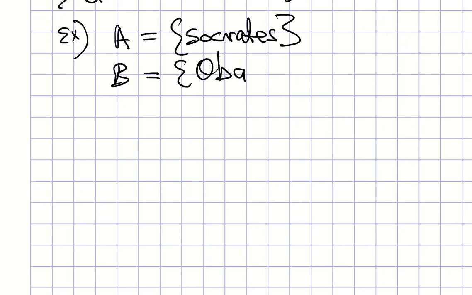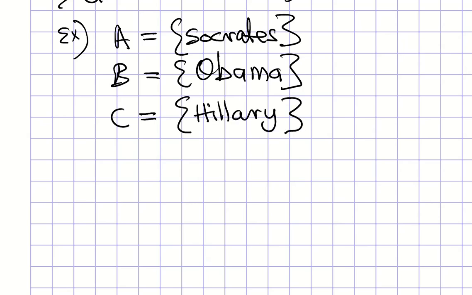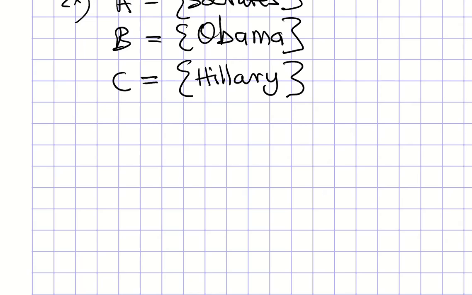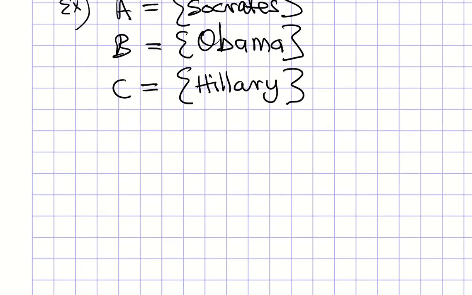You guys know Obama. And then set C is a set consisting of one person called Hillary, a woman called Hillary. It doesn't have to be Hillary Clinton, any Hillary. And then let's say set D consists of a woman called Monica, right?